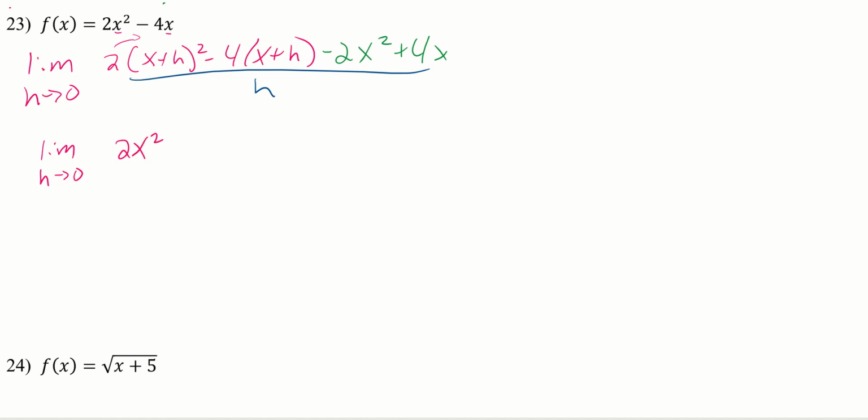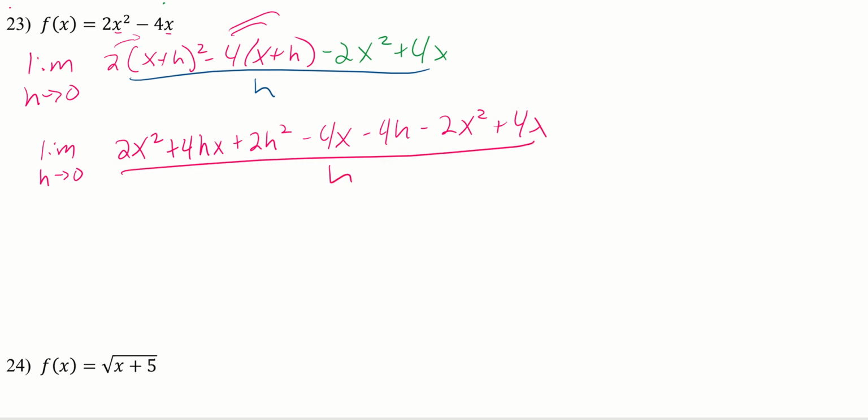This is a very common thing that we get because of that squared idea. So 4hx, because I distributed in the 2, and then this is h squared, so 2h squared. Now distribute in the negative 4 to both of them, so negative 4x minus 4h, and then we have these 2 at the end. All over h.